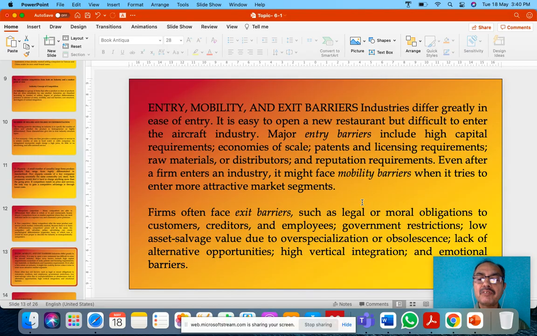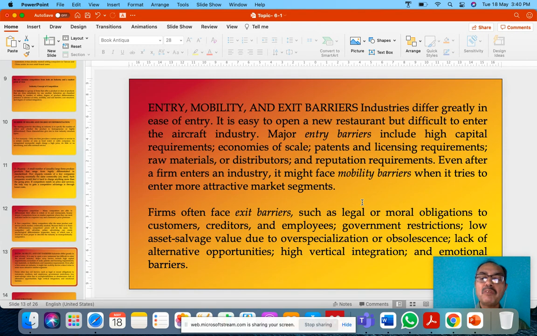If you want to open a restaurant, you can open it very easily because the investment is less. But if you are going for the aircraft industry, it is very difficult to enter, with so many formalities, and apart from that you need a big investment. In the same way, if you want to exit, with a restaurant you just close it. But in the aircraft industry, you have taken loans from different institutions, so your exit is also going to be difficult.